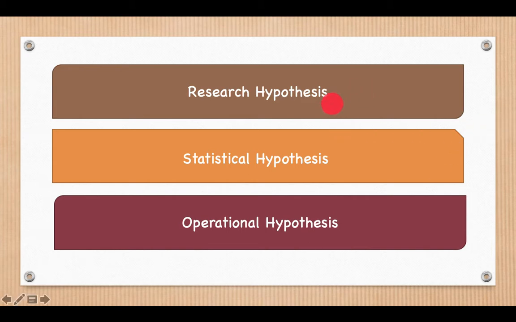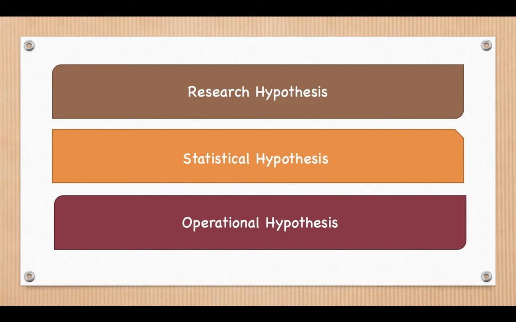But one thing he should keep in mind is that only the statistical hypothesis can be directly tested with the statistical techniques or methods, and also the operational hypothesis. But the research hypothesis cannot be tested with the help of statistical techniques. It can only be tested when we convert it into the statistical hypothesis.